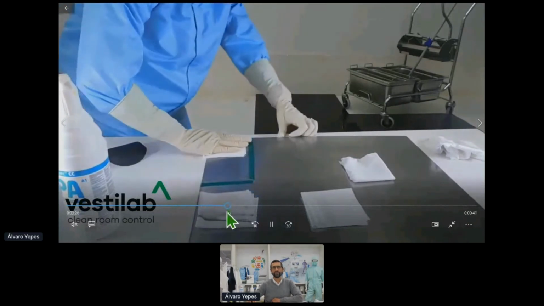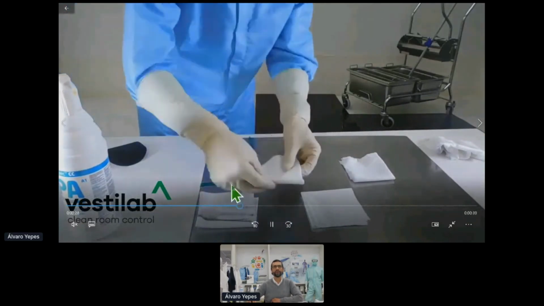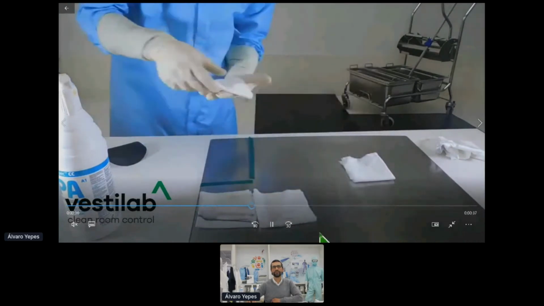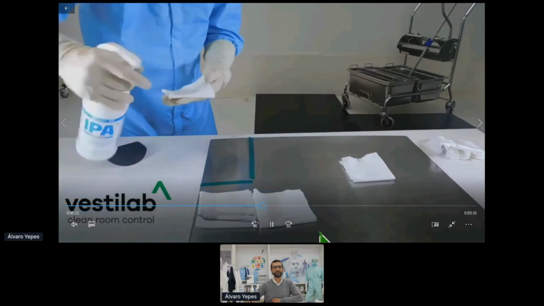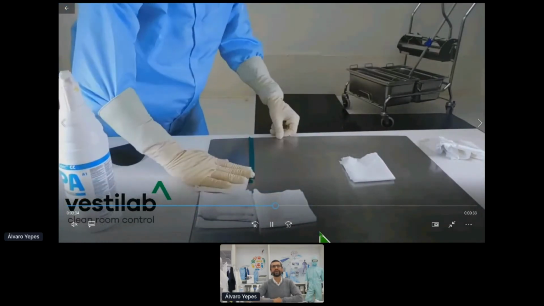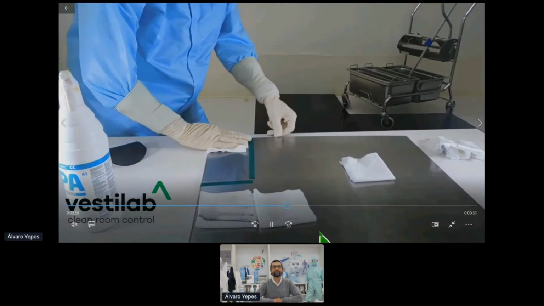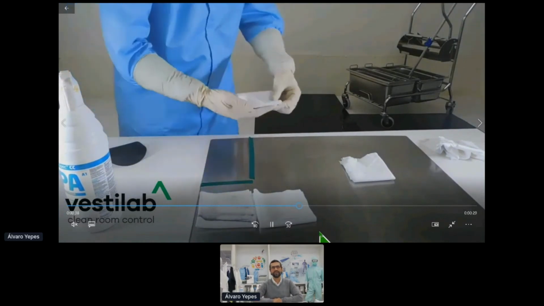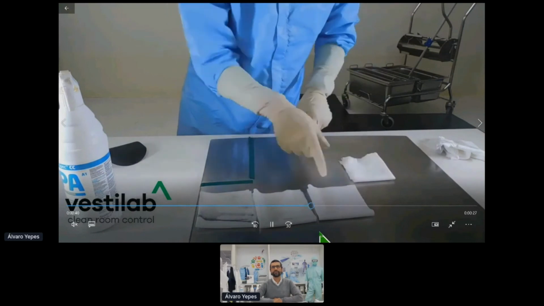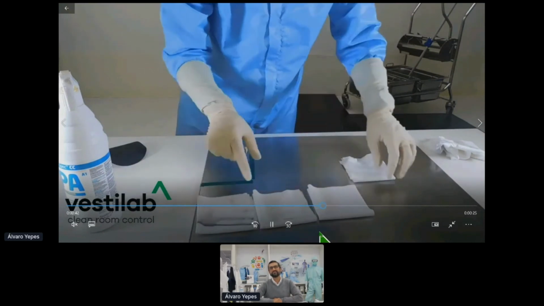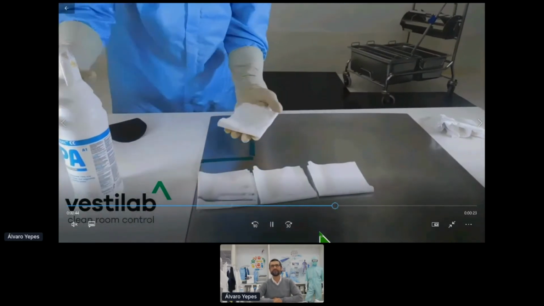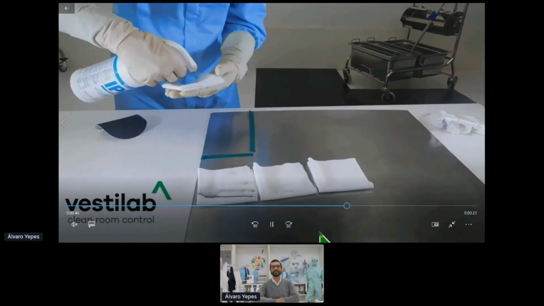In the same area, we pass another clean wipe, and then we come with some extra contamination. And in the final one, you can probably see that it's nearly clean. We call it visibly clean in this case.